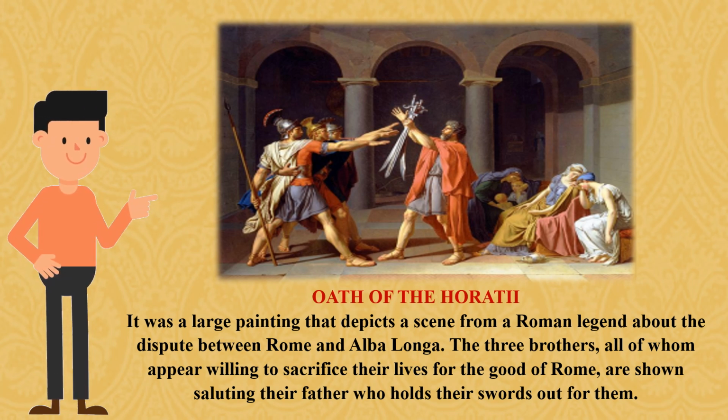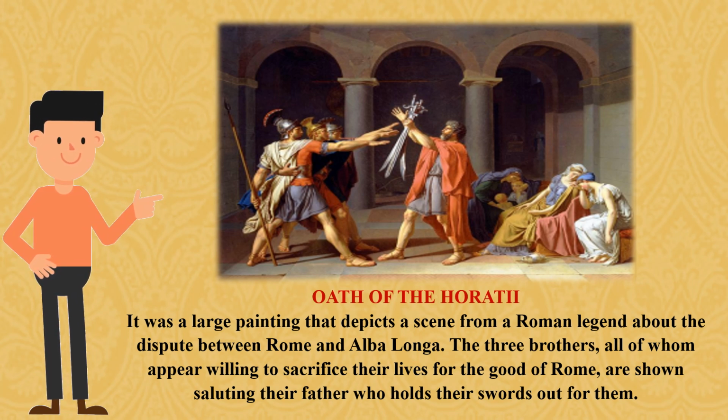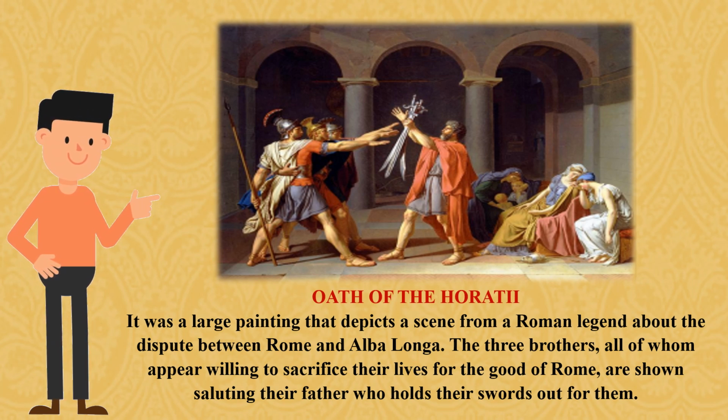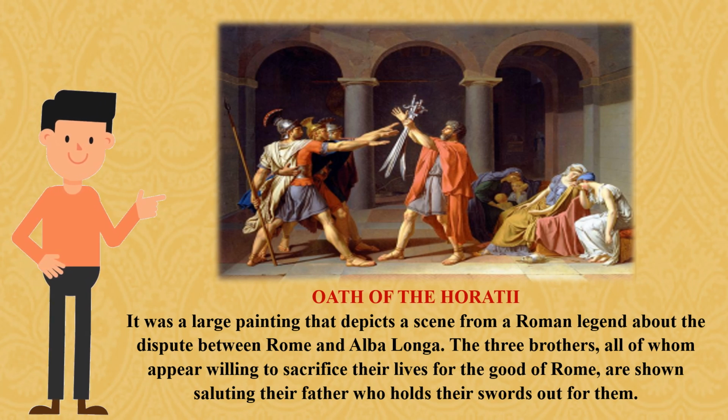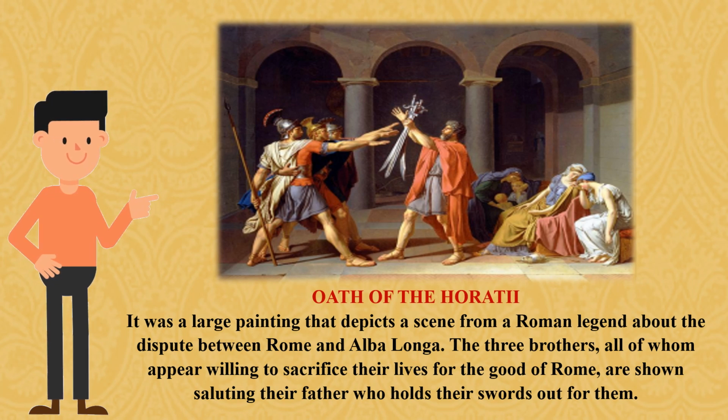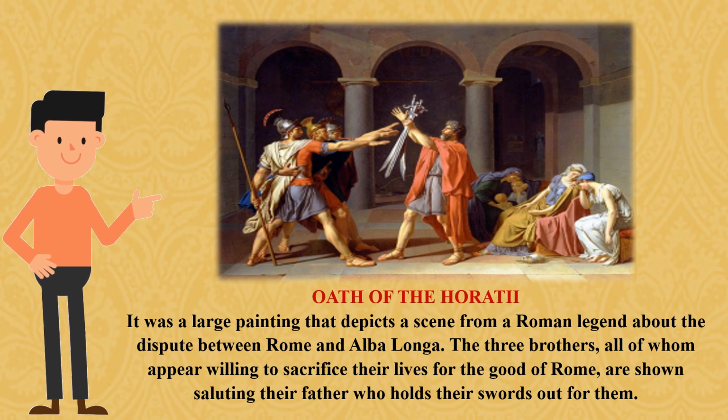So this is not verified if the incident is true. The legend is about the dispute between Rome and Alba Longa. The three brothers, all of whom appear willing to sacrifice their lives for the good of Rome, are shown saluting their father who holds their swords out for them.